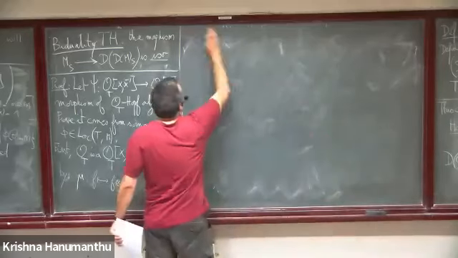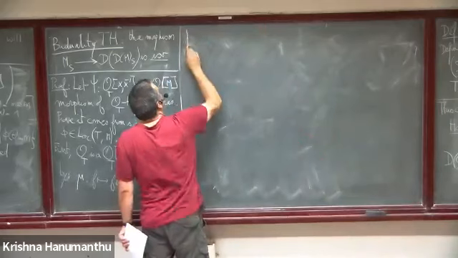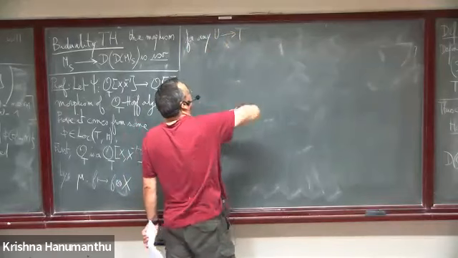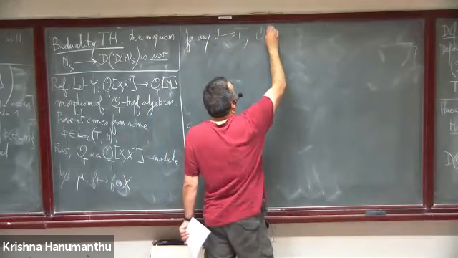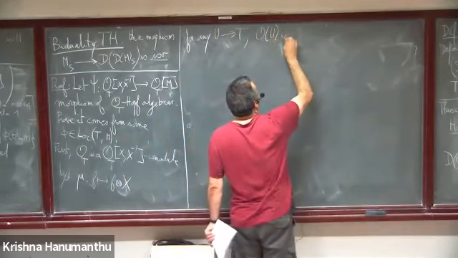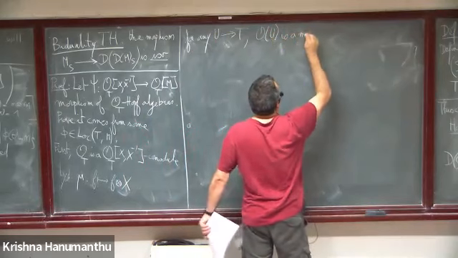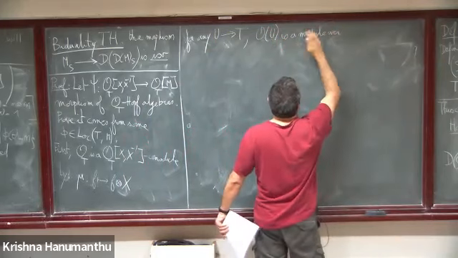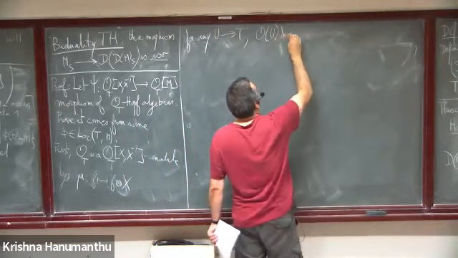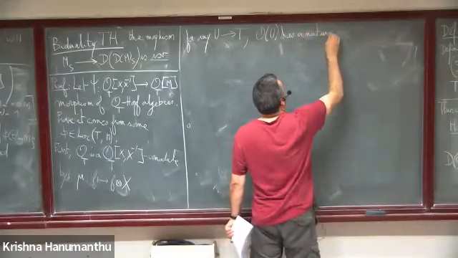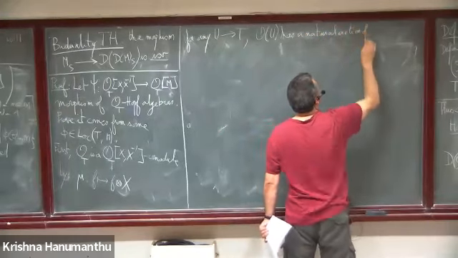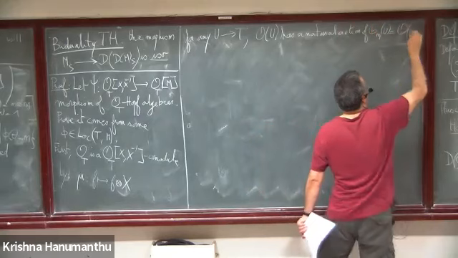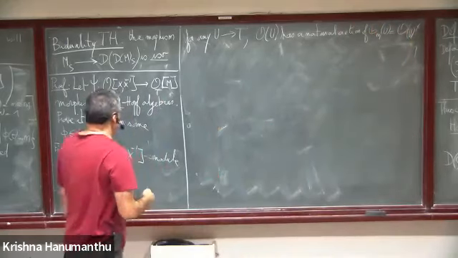So this is a fancy way to say that for any scheme U over T, the ring of functions of U has a natural action of G_m of U, which is just invertible functions.